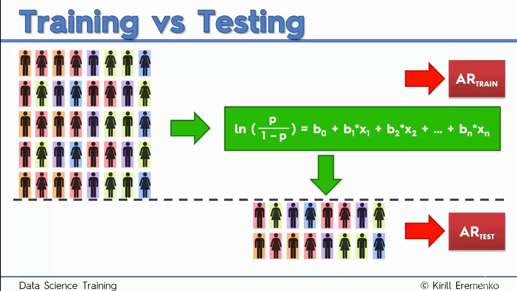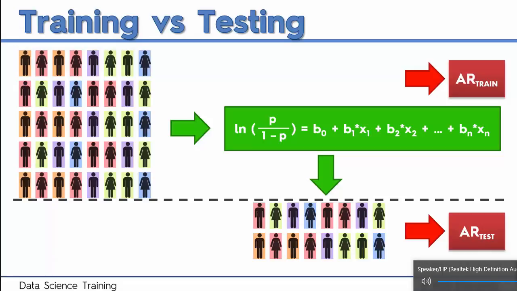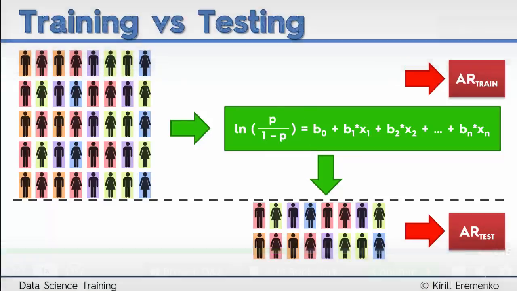So if you see a significant difference, then that means that perhaps your model is overfitted for the data that was used to generate it. Remember, we talked about overfitting: if your model relies on some anomalies or specifics of the data set that you put into the model, then it might become overfitted, and when you apply it to real data, the results might be different.